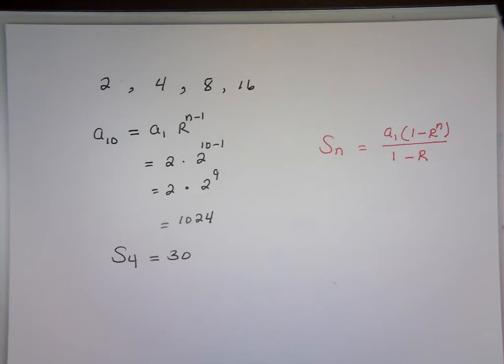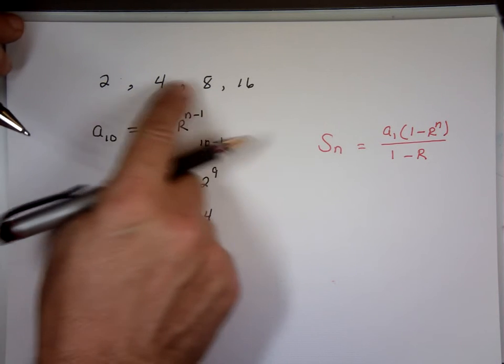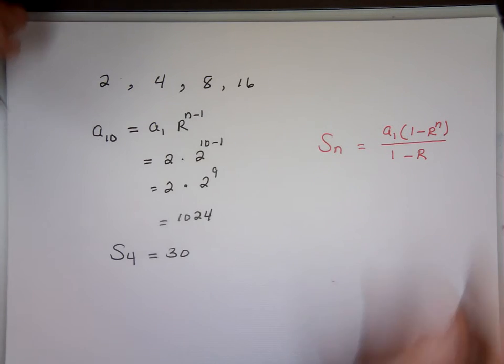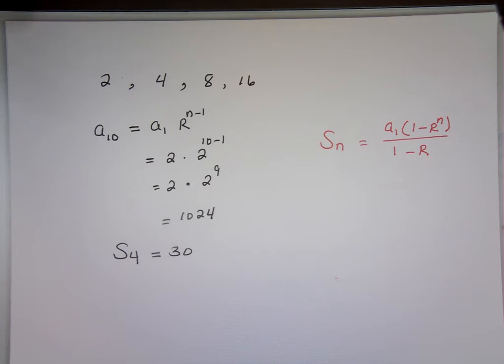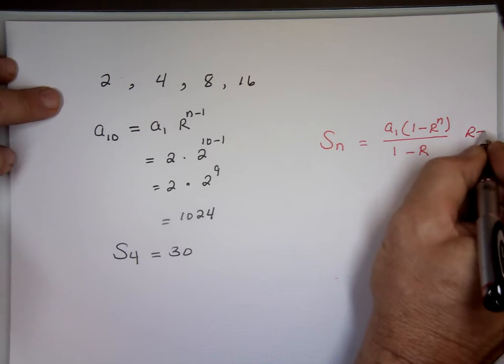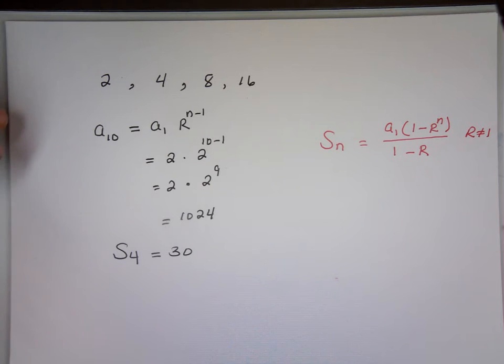Obviously, r can't be 1. Because if r is 1, all the numbers are the same, and you don't have this kind of sequence. If r is 1, what are you dividing by? 0. That's why r cannot be 1, because you'd be dividing by 0. Can't divide by 0.